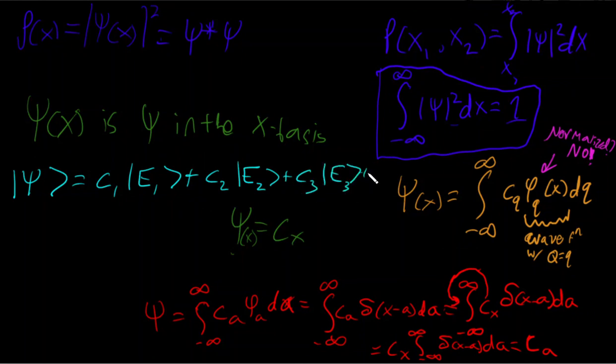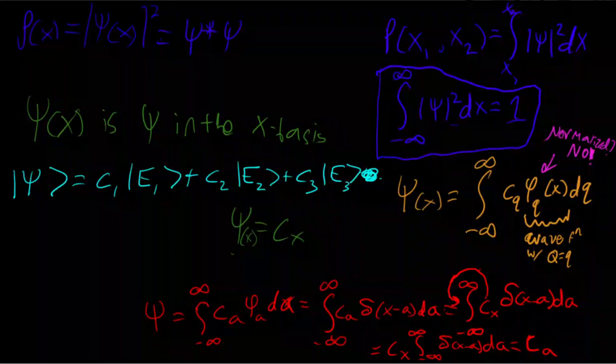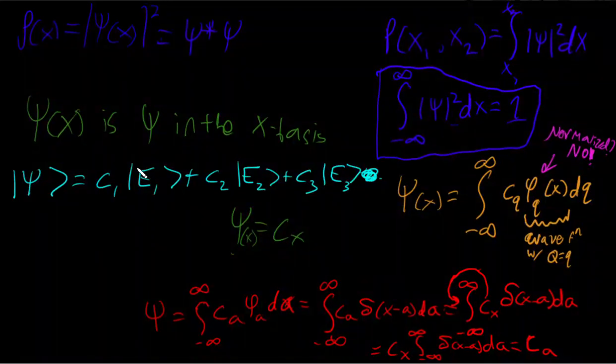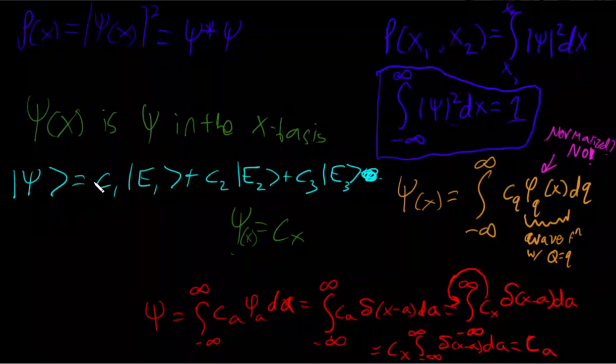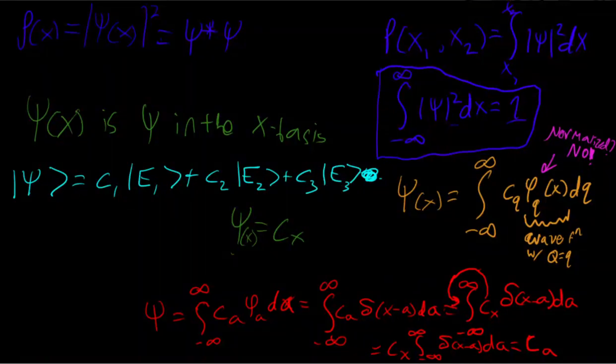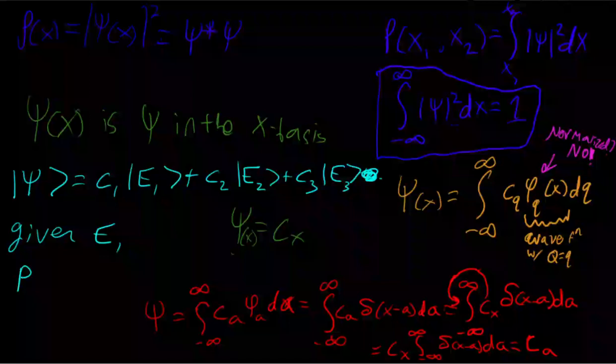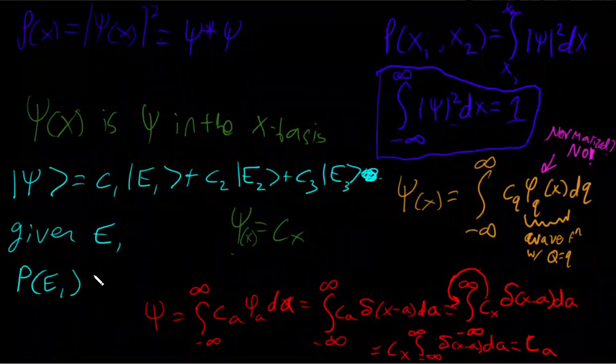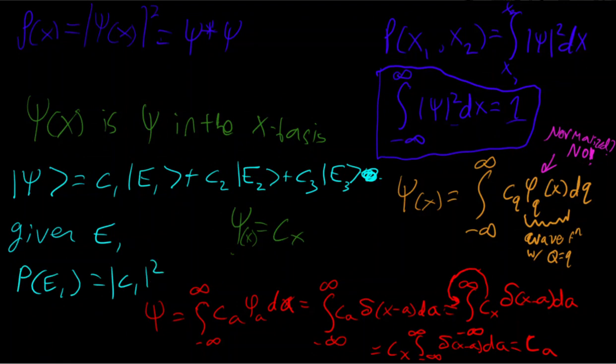Note, this is not just the energy value, this is the state with an energy E1. This is written in the energy basis because if we're given E1, we can tell you the probability of E1 just by looking at the wave function, which is C1 norm squared.